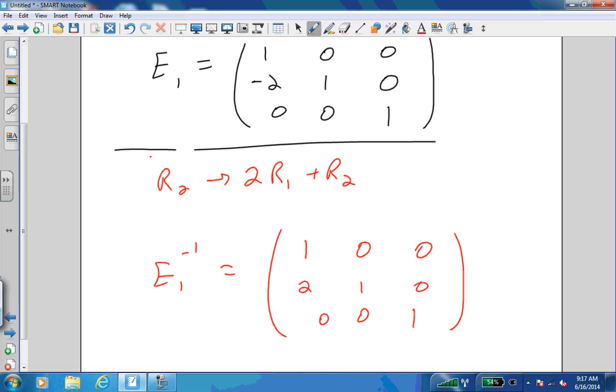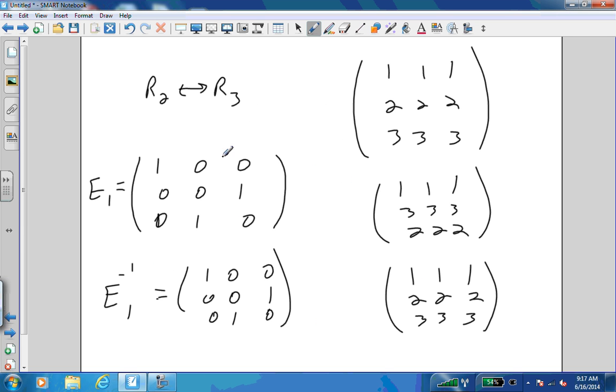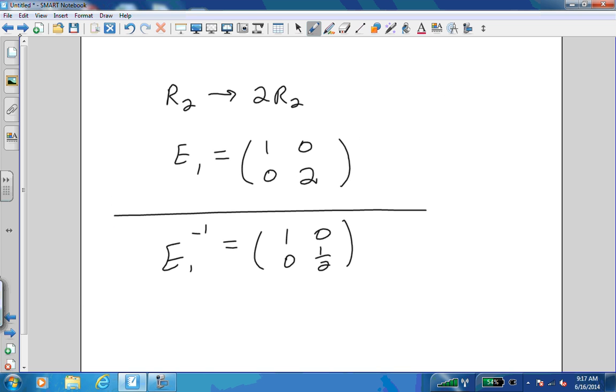So let's go back and refresh. To interchange 2 rows, that elementary matrix and its inverse are the same, because if we flip 2 rows, then to get back to where we were, we flip those again, the same 2 rows. This multiplies a row by a particular number, so the opposite would be basically to divide it, so to multiply it by the reciprocal.